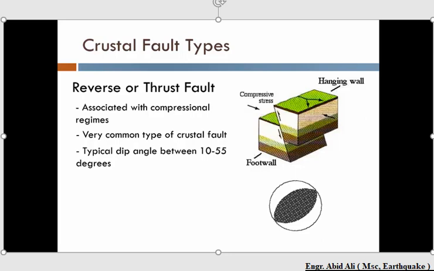Remember that reverse faults are typically the most powerful of all the crustal faults. They produce the largest earthquakes. Some examples of reverse or thrust faults include the Seattle fault, which runs right through the middle of downtown Seattle, or the Himalayan Frontal Thrust in the Himalayas.